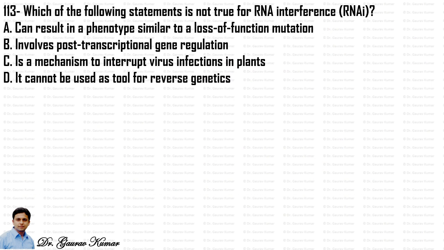Next question. Which of the following statements is not true for RNA interference, RNAi? So they are asking the statement which is not true. You just keep this in mind.